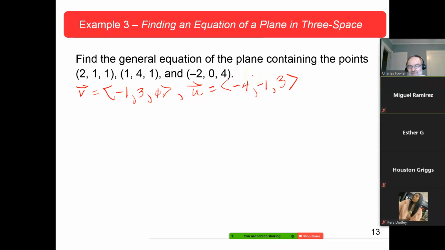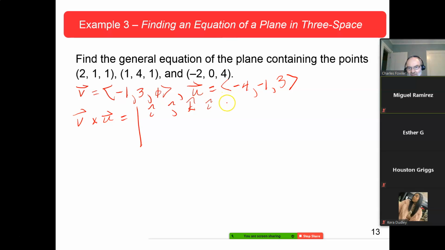Now, 2 vectors in the plane, any old vectors in the plane, their cross product has got to be perpendicular to both of those. That's going to give us the normal vector. So what we'll do then is cross these 2. So v cross u, it doesn't matter which order you do them, will be, and remember we set up our determinant, i, j, k, and then I'm going to repeat the i and the j.